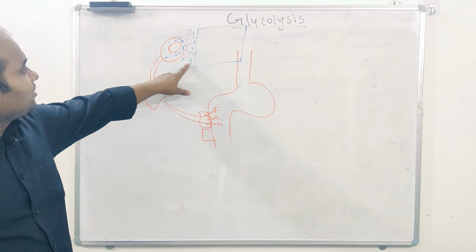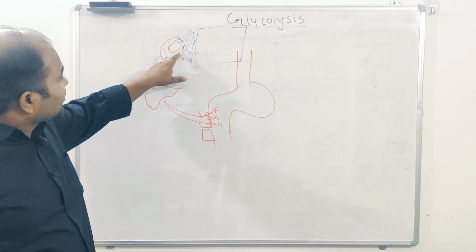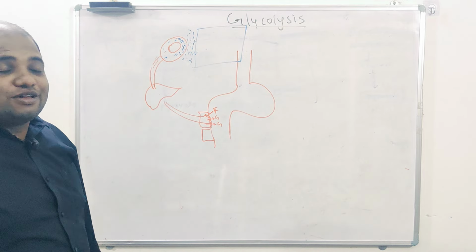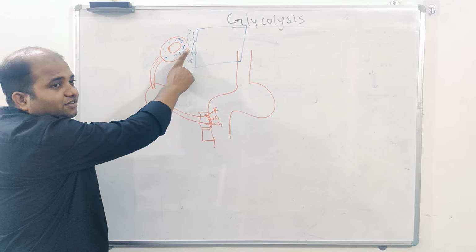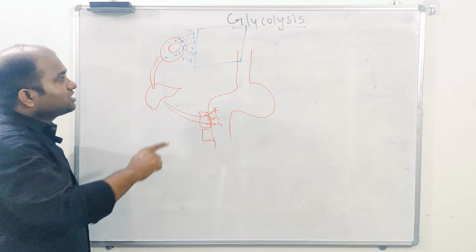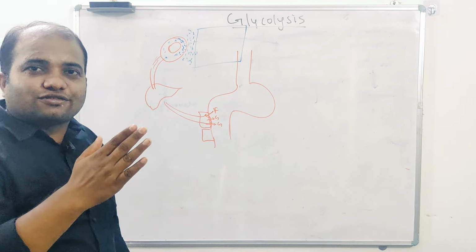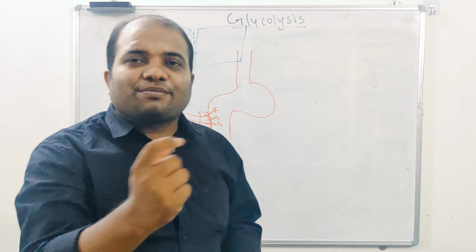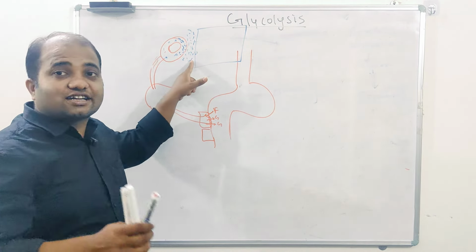Eventually the concentration of glucose in the interstitial fluid and in the capillary are equal, because glucose is freely permeable into the interstitial space. So glucose can easily diffuse or move into the interstitial space, and the concentration inside the capillaries and in the interstitial space is the same.